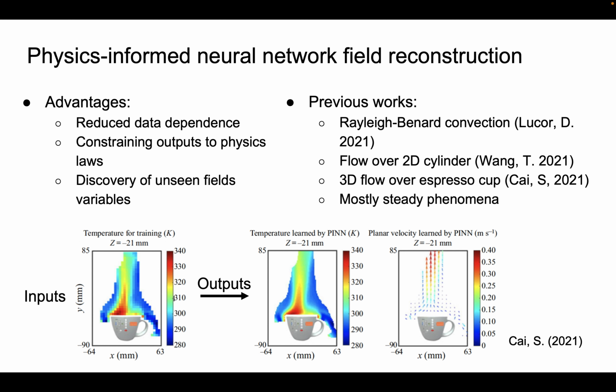But also we can get the corresponding velocity map that accompanies this as well. But most of these studies looked at more or less quasi-steady state phenomena, so not a lot of changes in time. And for a lot of applications, we actually want to have dramatic changes in time, and those are more interesting for us as engineers to look at.